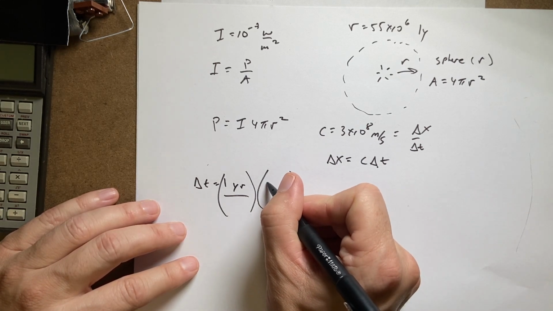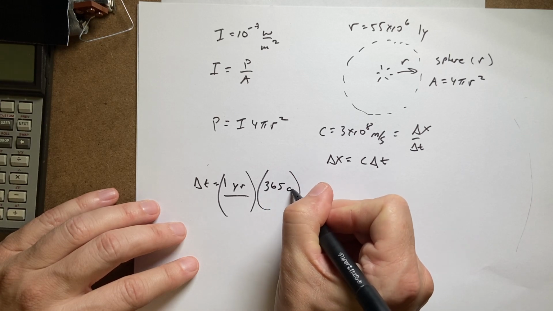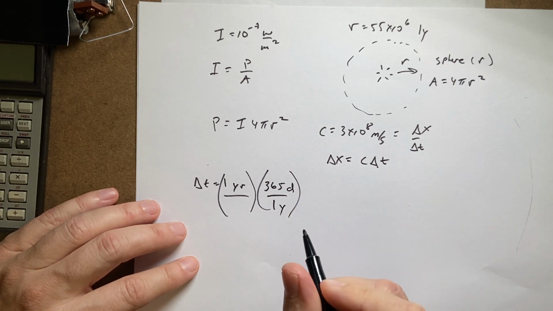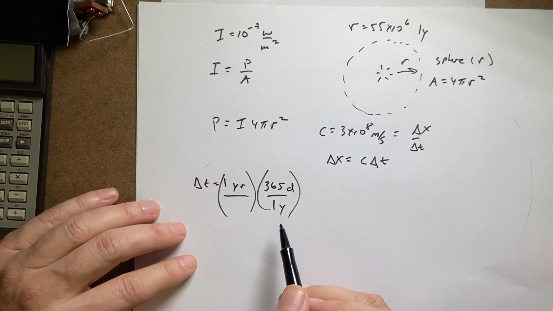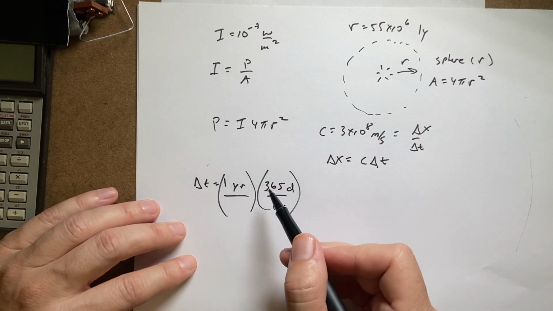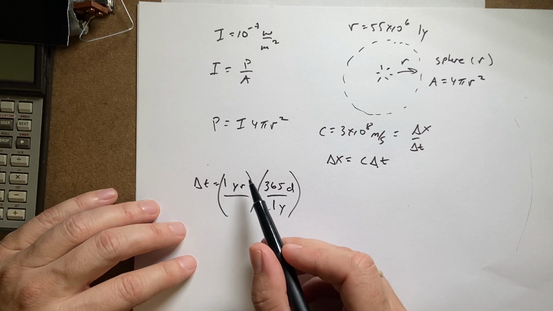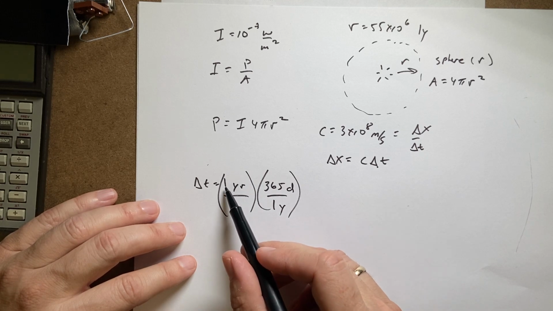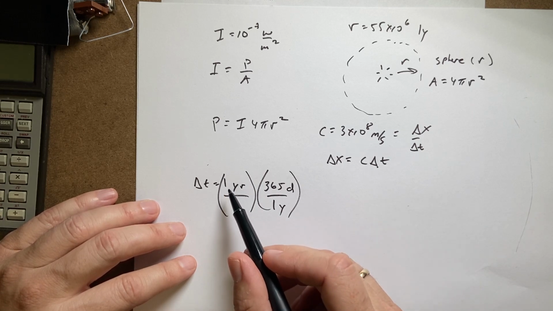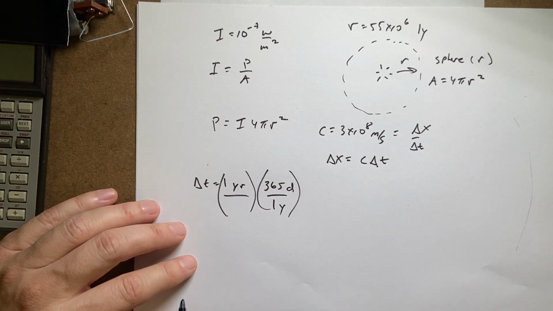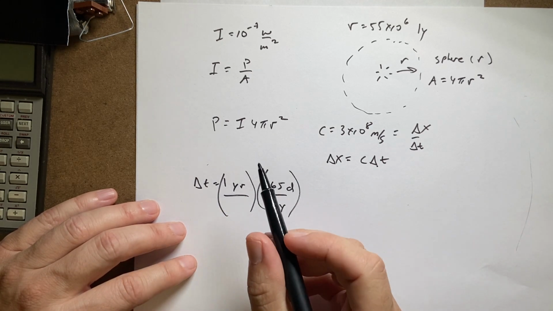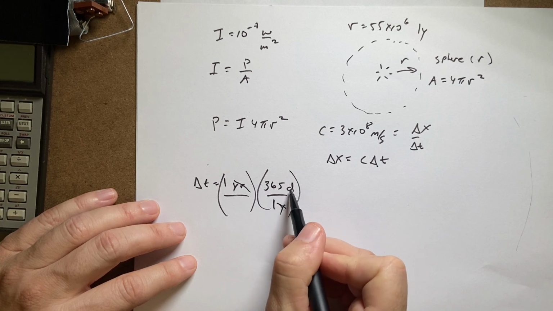If I multiply by 365 days over 1 year, 365 days is 1 year, so this quantity is the value 1. I'm finding the distance for 1 year, 1 light year. The years cancel, and I get the answer in days.